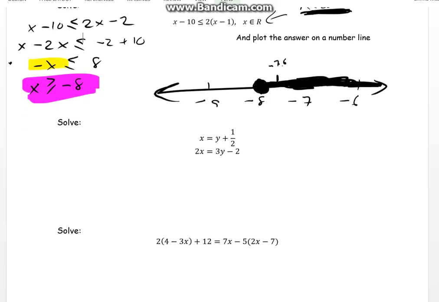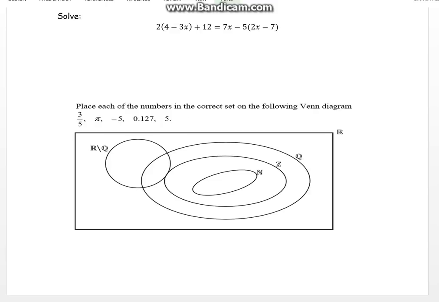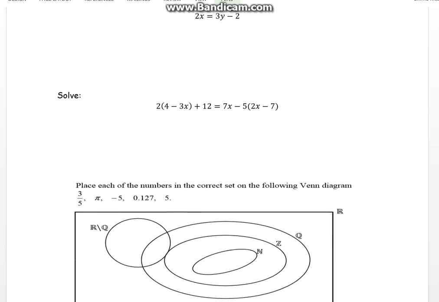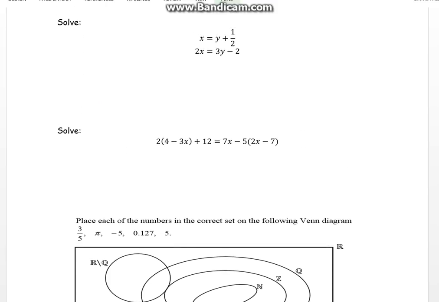Your second one is your simultaneous equation. With your simultaneous equation, we always want the format x, y equals number. So this needs to be in that format first and foremost. So x minus y equals a half, so the y came across the equals, and then 2x minus 3y equals minus 2. That came across the equals.